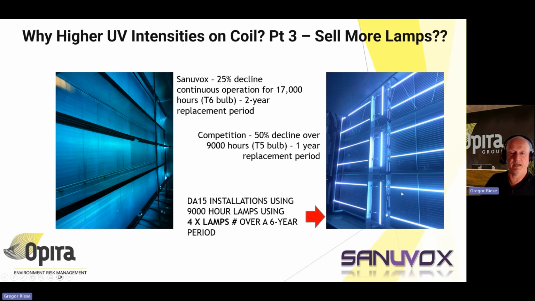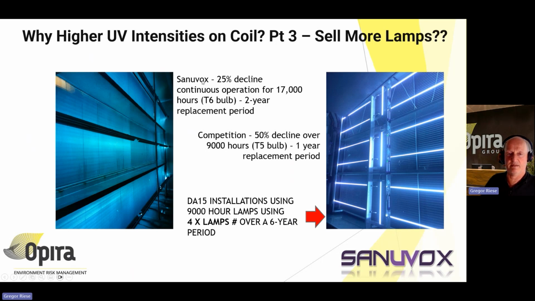And just doing some basic calculations on lamp life using DA15 criteria, over a 6-year period, these sort of unshielded installations are going to use 4 times the number of lamps compared to the Sanovox installation.